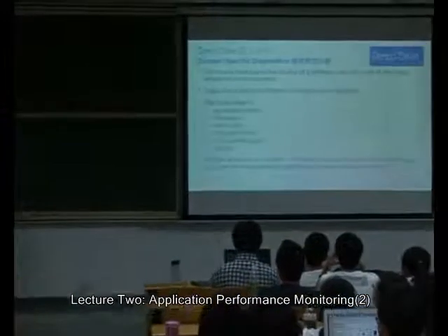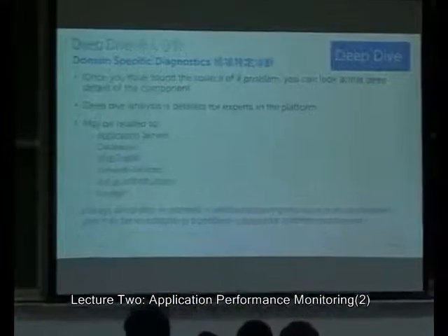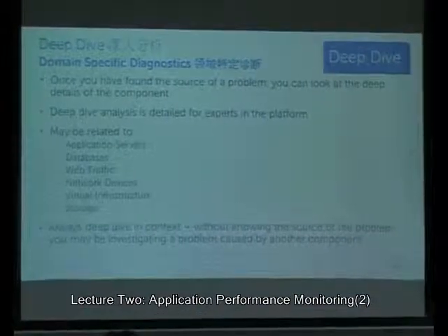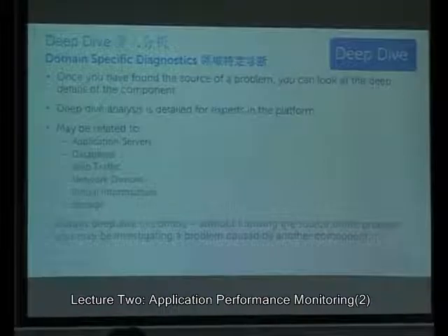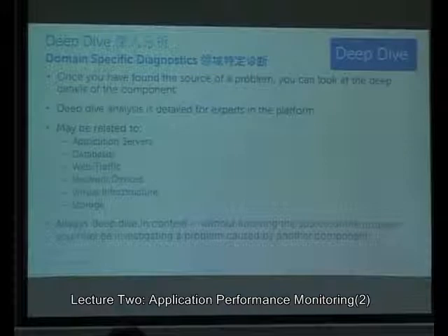And this is where I think the stuff you're doing in the labs will be the most relevant: looking at a specific component in your infrastructure, like a database or a particular web server or a specific piece of middleware, and looking at all the metrics and details that you can find about it. So application servers, databases, web traffic, all the things there.